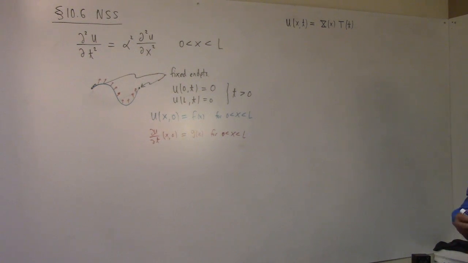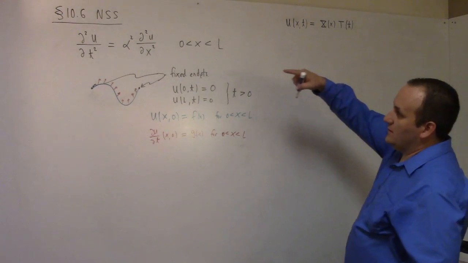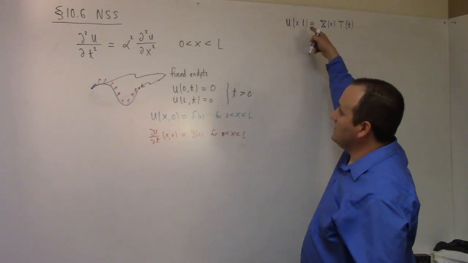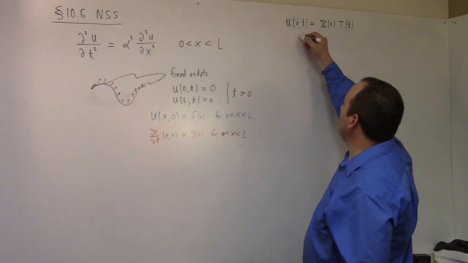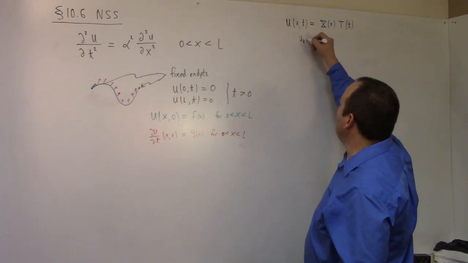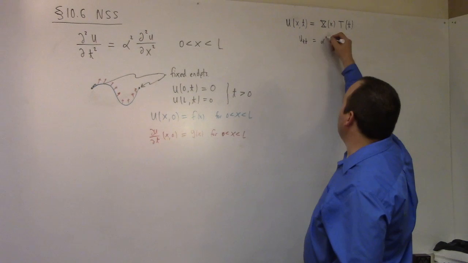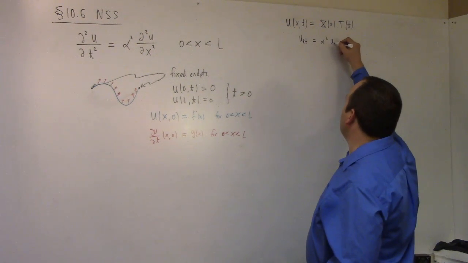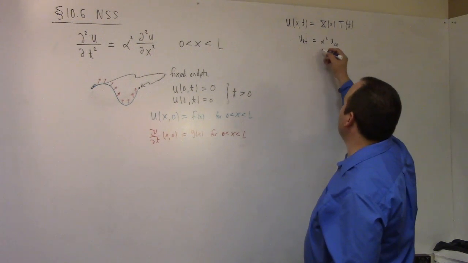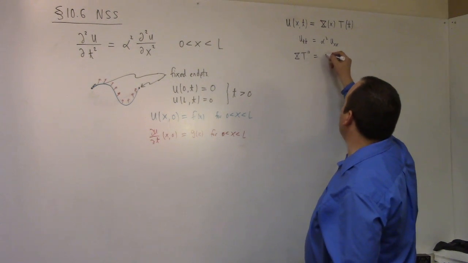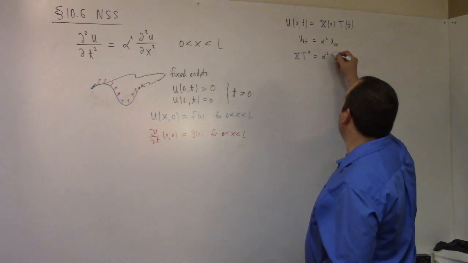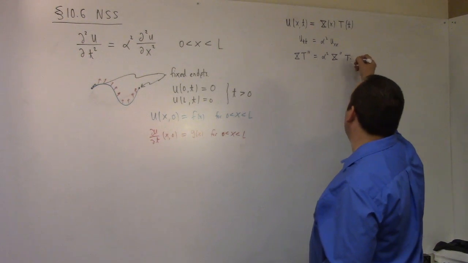That's fine. That's the kind of questions we should ask. So, look, if we plug this guess into this template, that gives us what? We're looking for u_tt equal to alpha squared u_xx, right? How does that happen? Well, it's X T'' equals alpha squared X'' T, right?